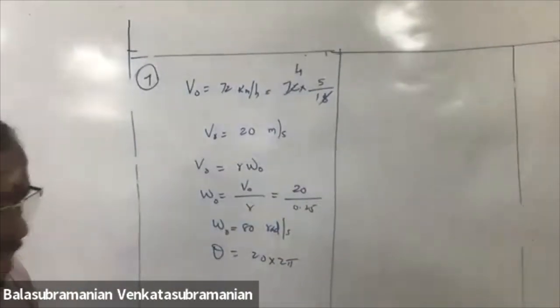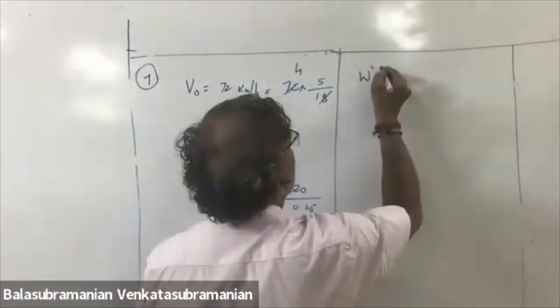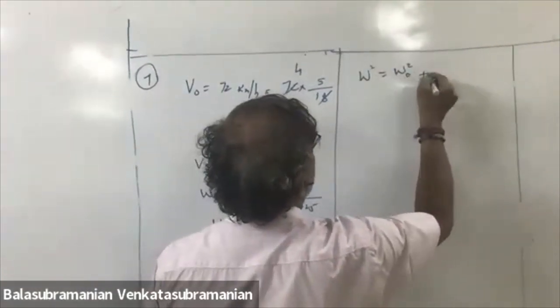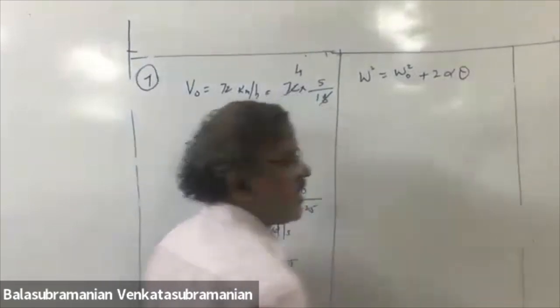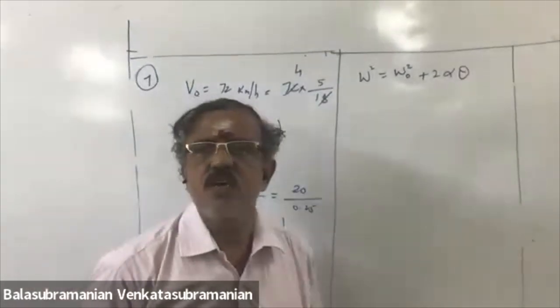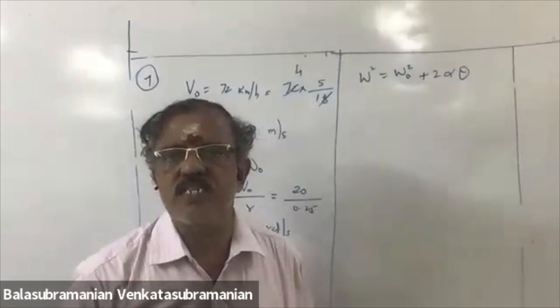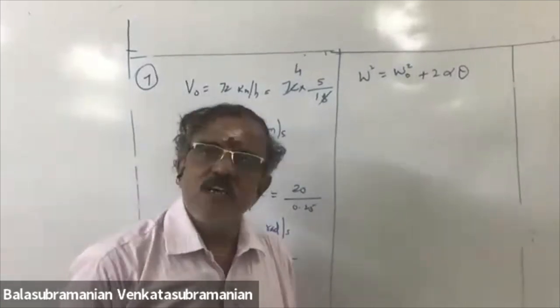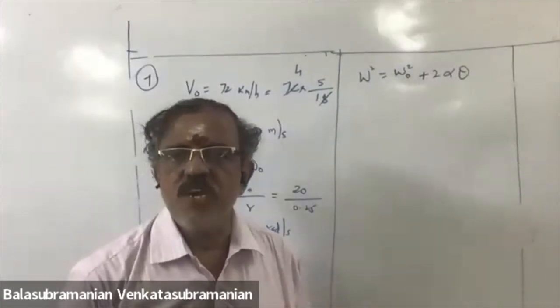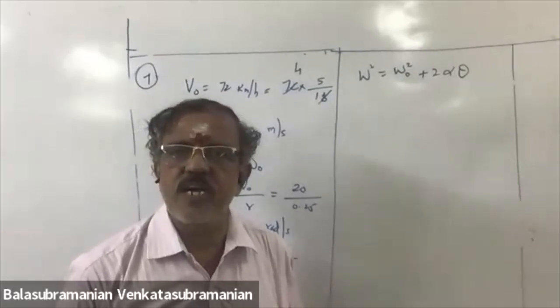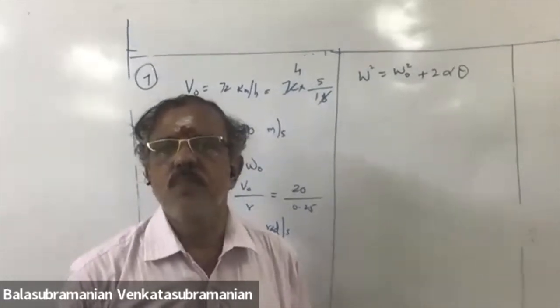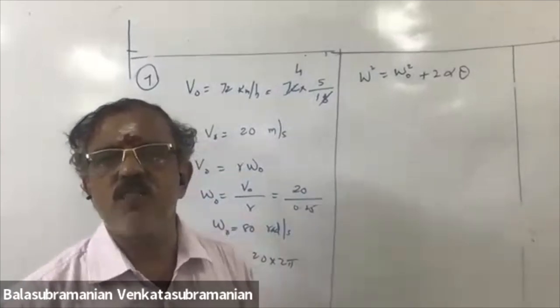So what is the formula? Omega square is equal to omega naught square plus 2 alpha theta. V square is equal to U square plus 2AS. Basic formula. For rotational motion, V is replaced by omega. So omega square is equal to omega naught square plus 2 alpha theta.